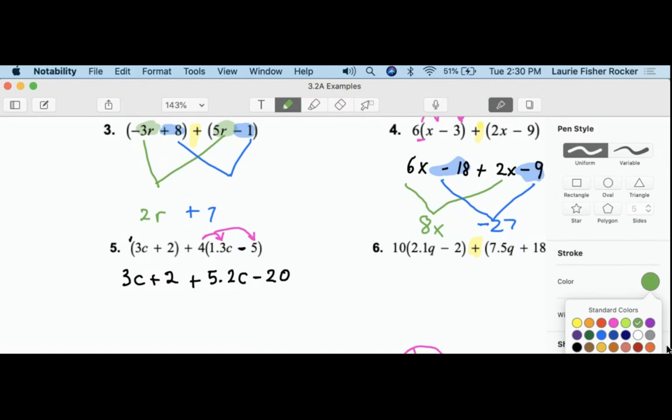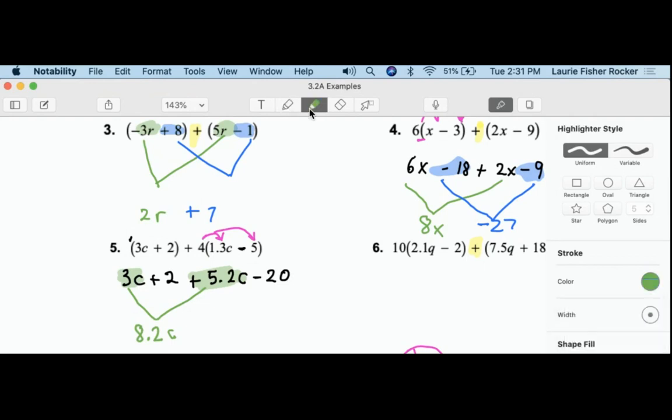I've got my c's, and I look at the 3c and the 5.2c, checking out the signs in front before I add them. 3 plus 5.2, 8.2c. So then I've got my constants.